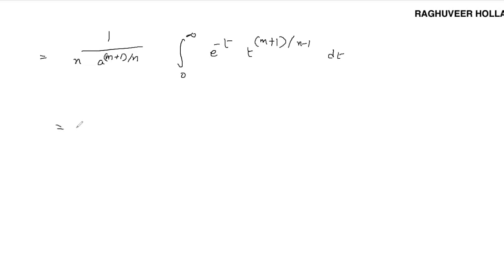Or 1 by n into a to the power of m plus 1 divided by n, gamma function of m plus 1 by n, provided this is greater than 0.